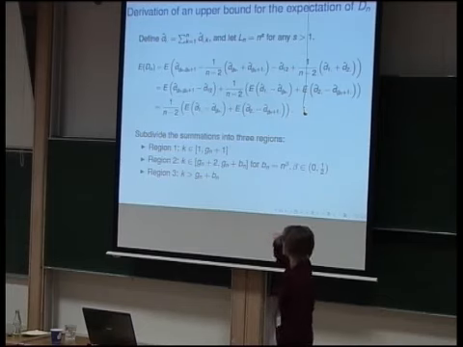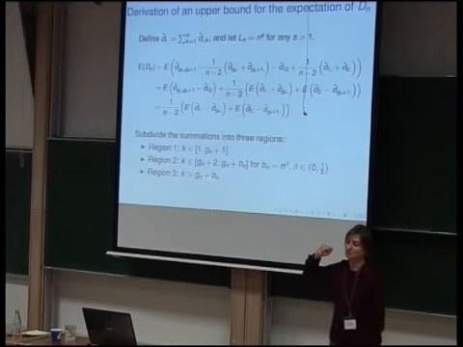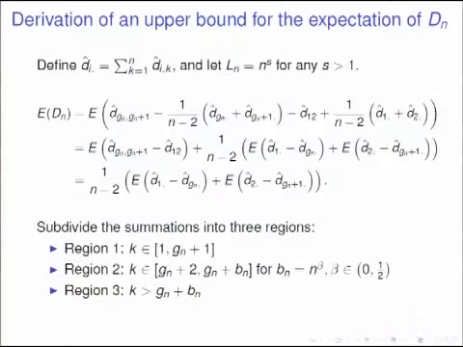The expectation of that first bit is just 0, because gn plus 1, gn to gn plus 1, and 1 to 2 have the exact same length, de. So that part goes to 0.